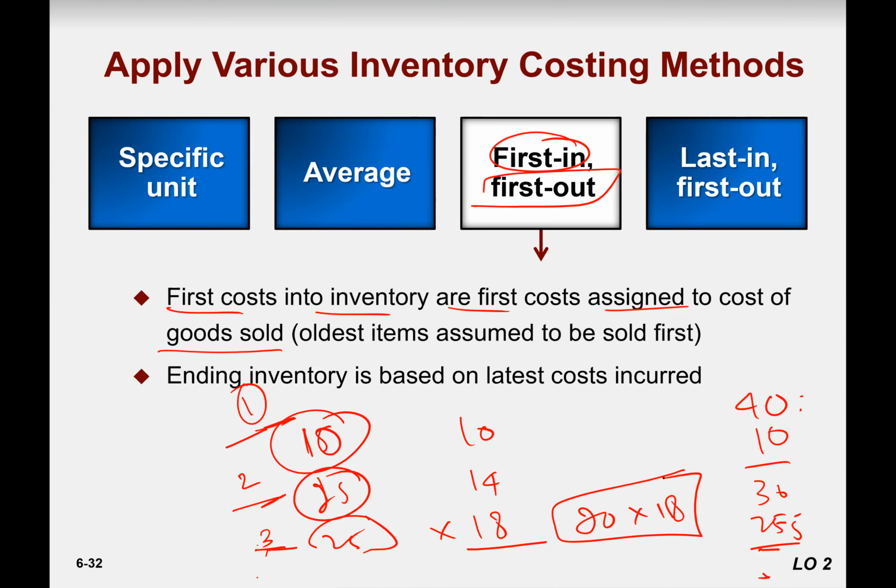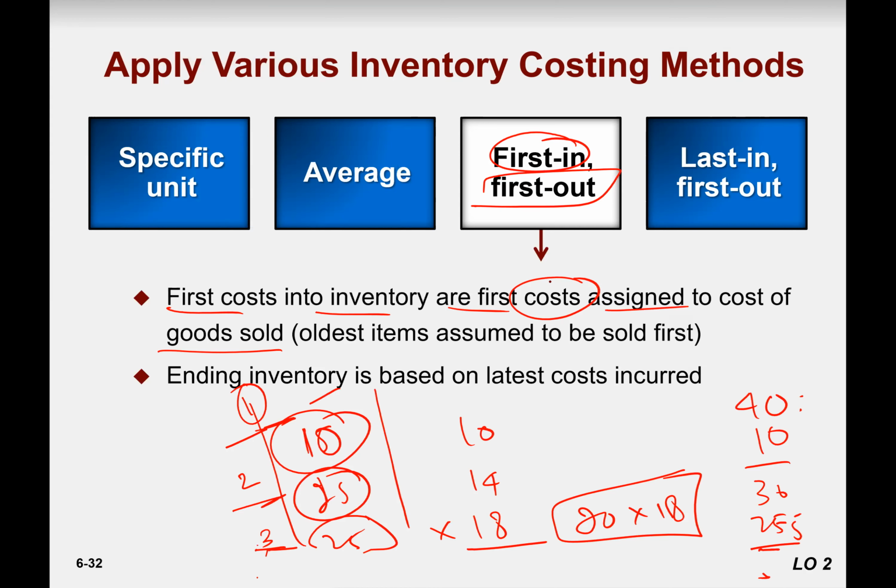That doesn't mean that we are physically taking these 10 units out from our godown and then selling them. It's just for costing purposes. It's a number game, not a physical units game, right?